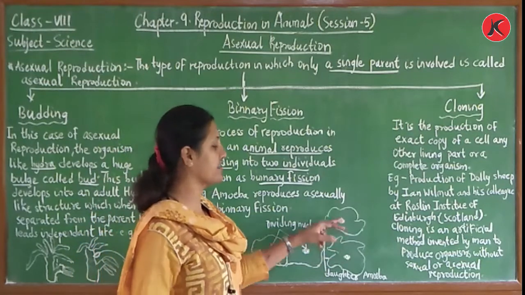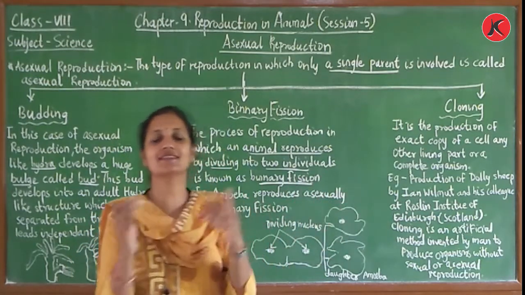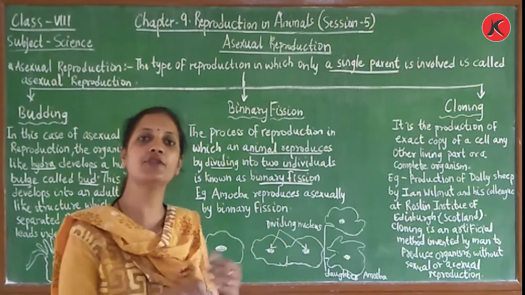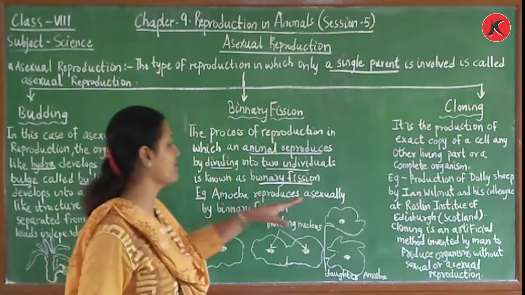Further, this can be divided into another two. So like this, children, it can get divided and new young ones are formed.